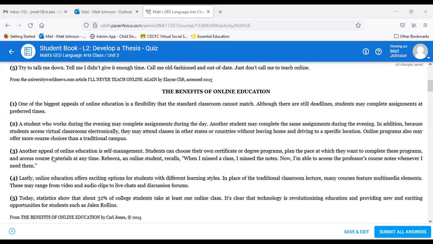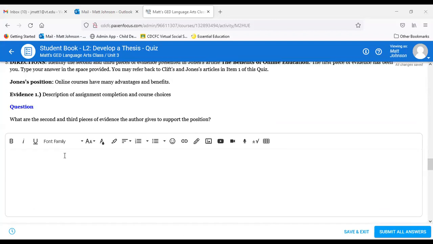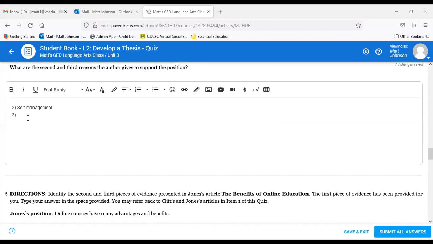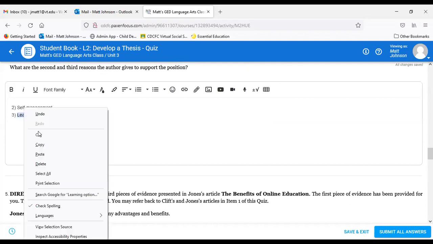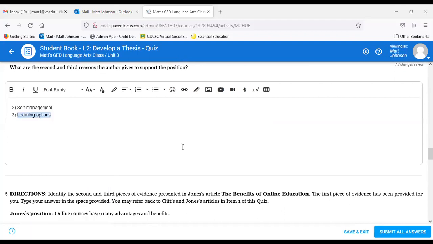So we can sum that up to learning options, right? Just learning options. Great. Copy. Paste. So learning options for the third reason.